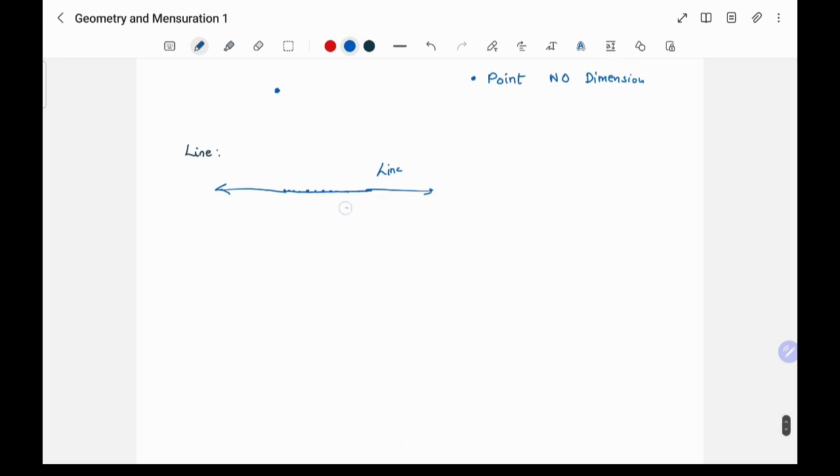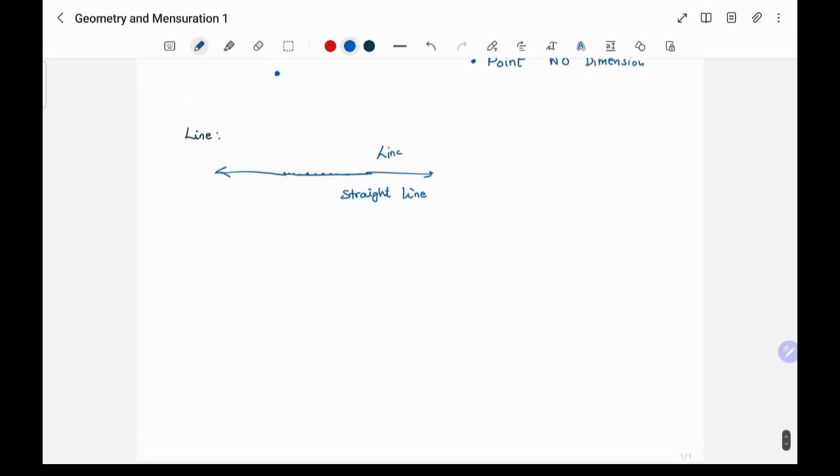Now you take this collection of points and put them in a straight line, and you connect them, so you get what is called a line. A line will usually extend in both directions infinitely, and it is straight. If it is straight, it is called a straight line. And in general, a line is said to be straight.